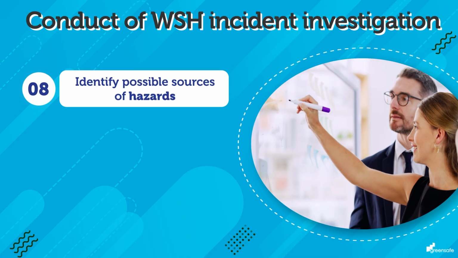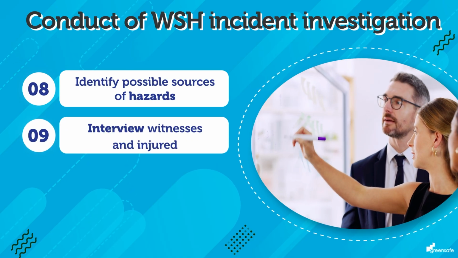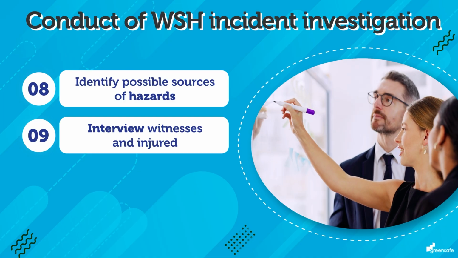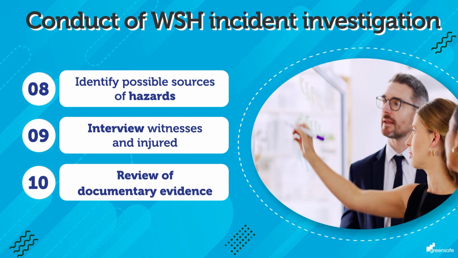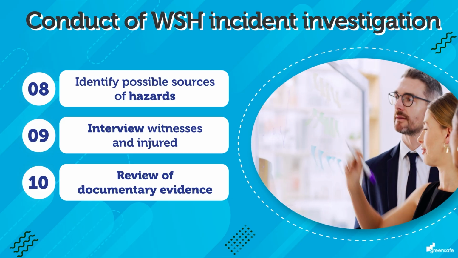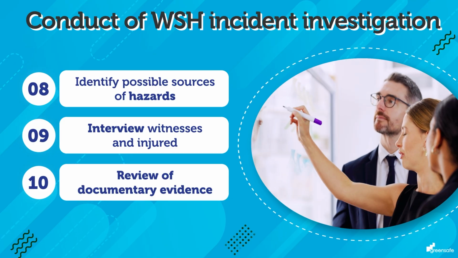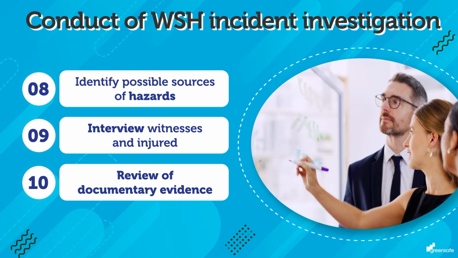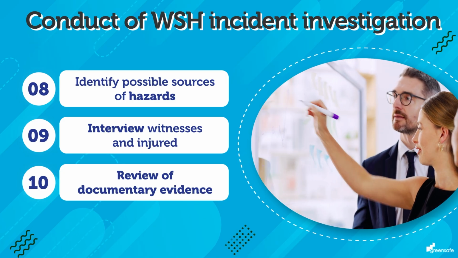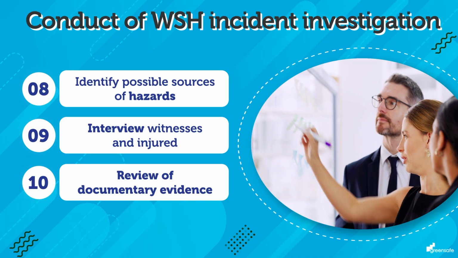Identify possible sources of hazards from the telltale signs at the scene. Step 9. Interview the witnesses and injured people at the site of the incident. The last step is to review the documentary evidence available to you. If you follow these 10 steps of conducting a WSH incident investigation, your investigation and information is bound to be accurate.